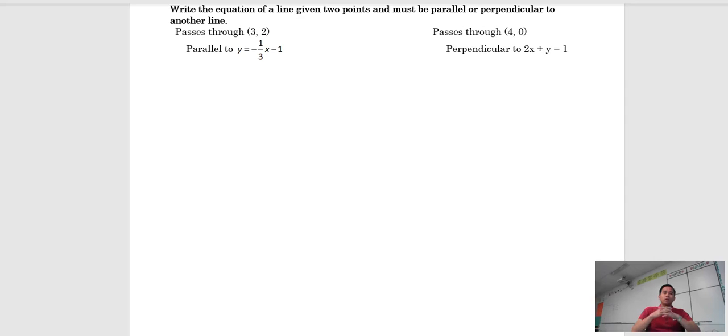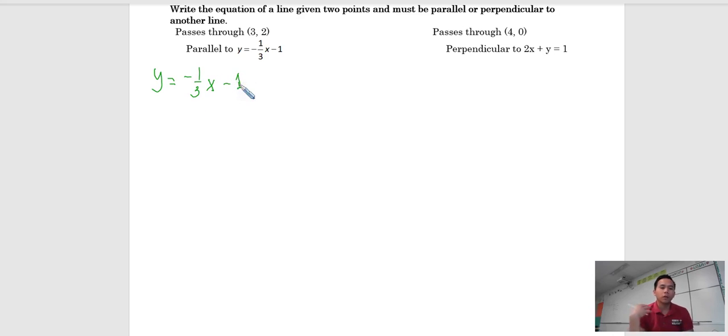And again, we always have to remember that the slope of these two lines plays a vital role in identifying if they are parallel or perpendicular. So let's start with this one. We have y is equal to negative 1/3 x minus 1.